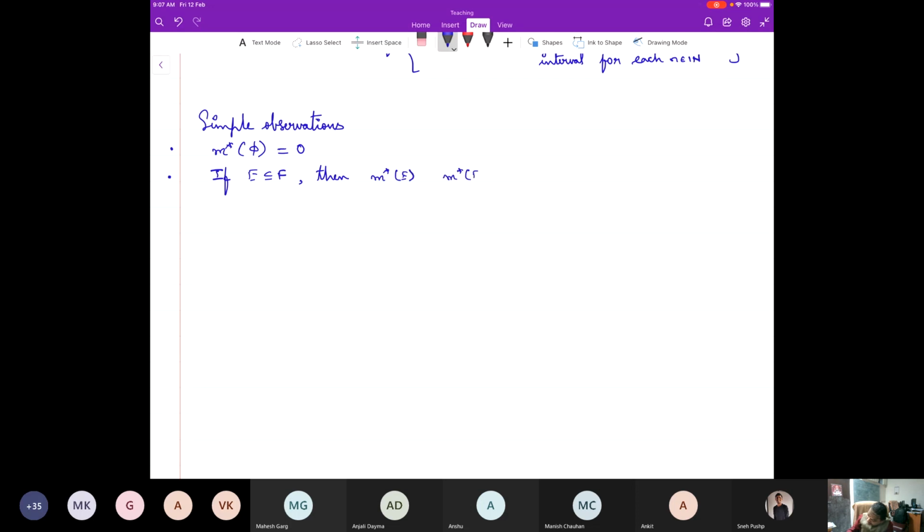Which one is bigger? m star F is bigger. Why? It may be possible that there is a smaller collection of intervals which contain E but not F.